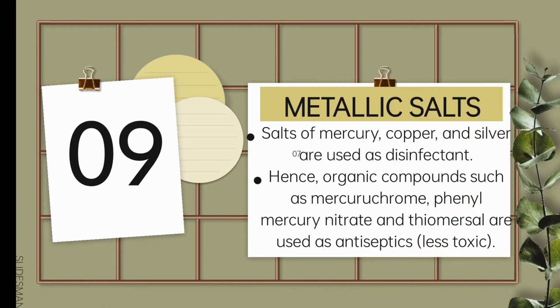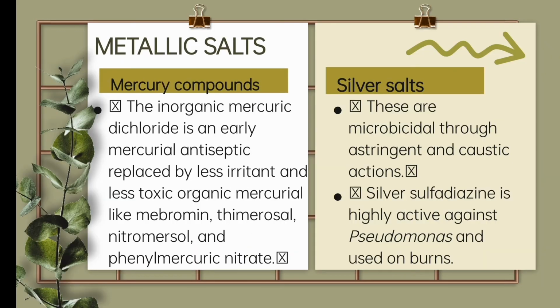Ninth, metallic salts. Salts of mercury, copper, and silver are used as disinfectants. Organic compounds such as mercurochrome, phenylmercuric nitrate, and thiomersal are used as antiseptics, which are less toxic. Mercury compounds: the inorganic mercuric dichloride is an early mercurial antiseptic, replaced by less irritant and less toxic organic mercurials.